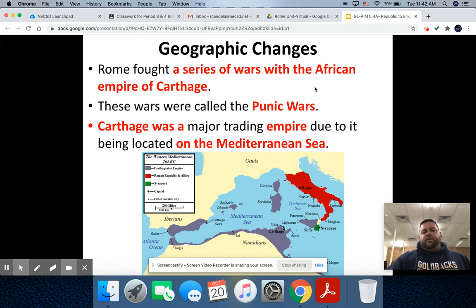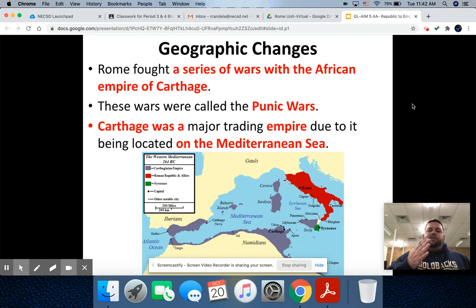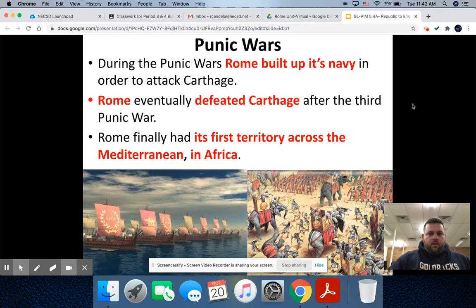The wars that Rome fights against Carthage are called the Punic Wars, and that's something we need to know about. The Punic Wars are typically the dividing line between the Roman Republic and the Roman Empire. The critical event in world history where Rome becomes an empire is after the Punic Wars. That's the line of demarcation.